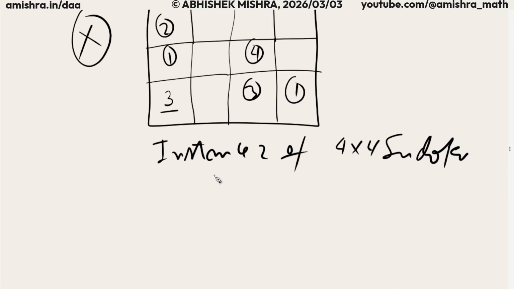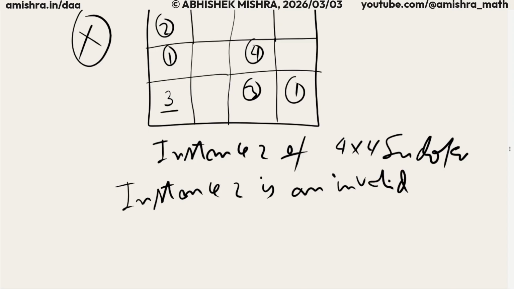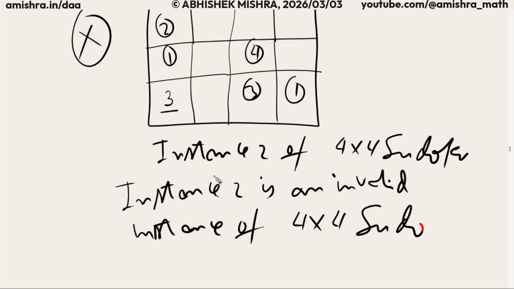So we say that instance 2 is an invalid instance of 4x4 Sudoku.